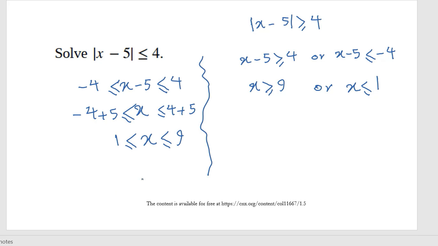And if you want to show them on a number line, this will be 9, 1. More than 9, and less than 1.